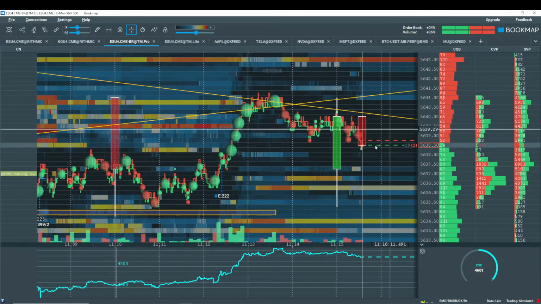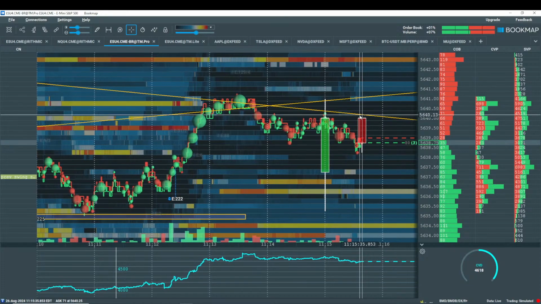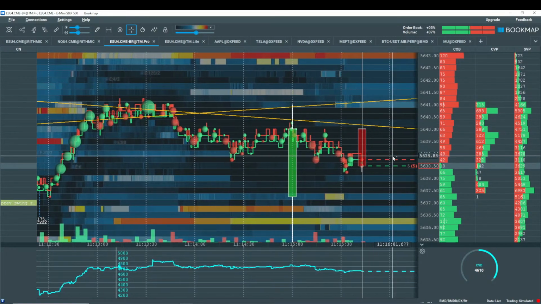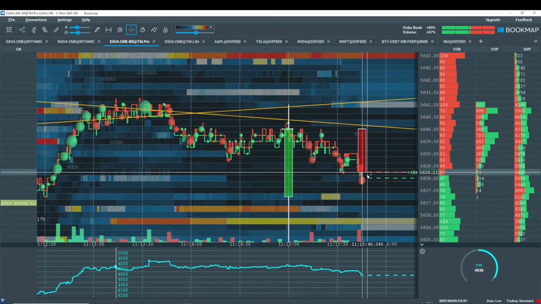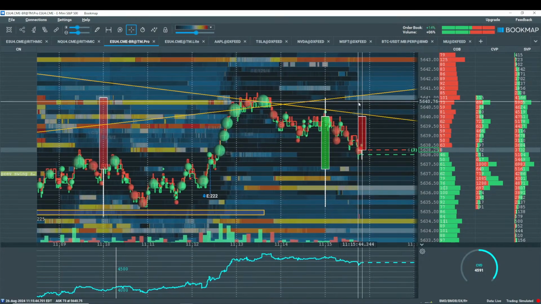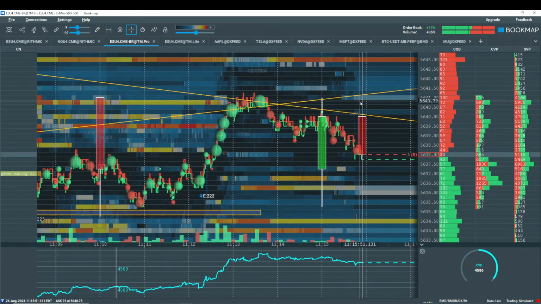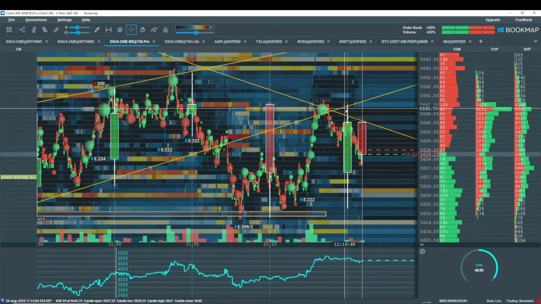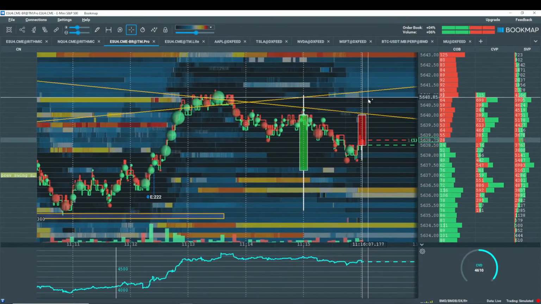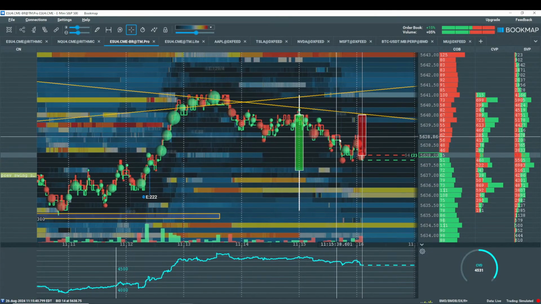Here they come. Now let's see the sellers really accelerate here. Here they are. Now the sellers should be able to take this down pretty hard. Yeah, it's really back and forth, guys.